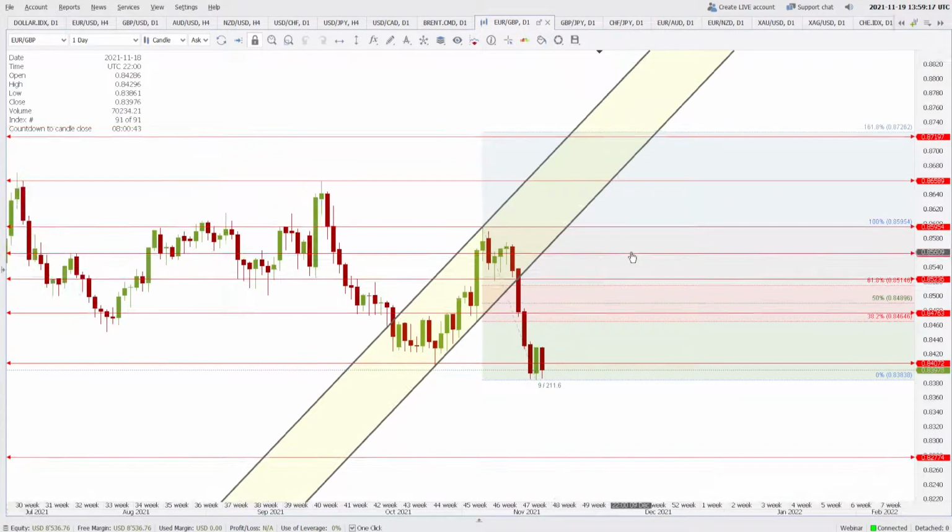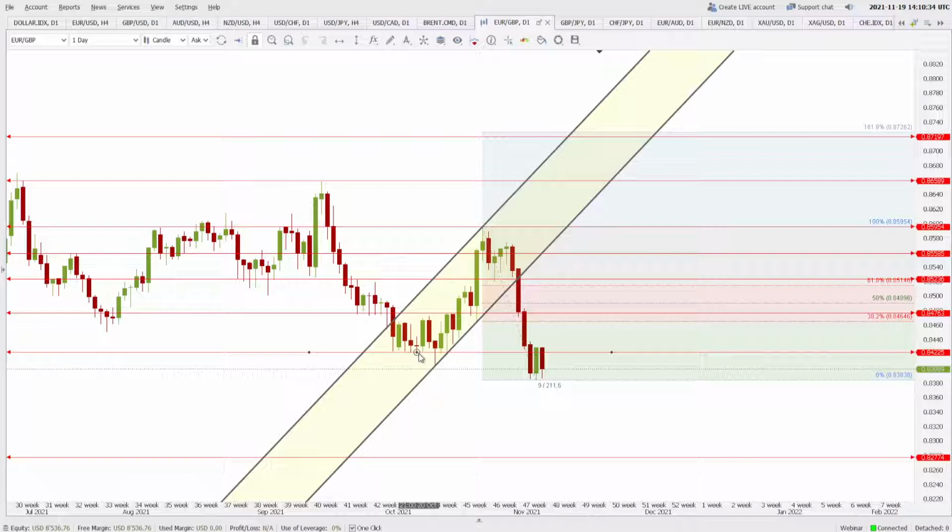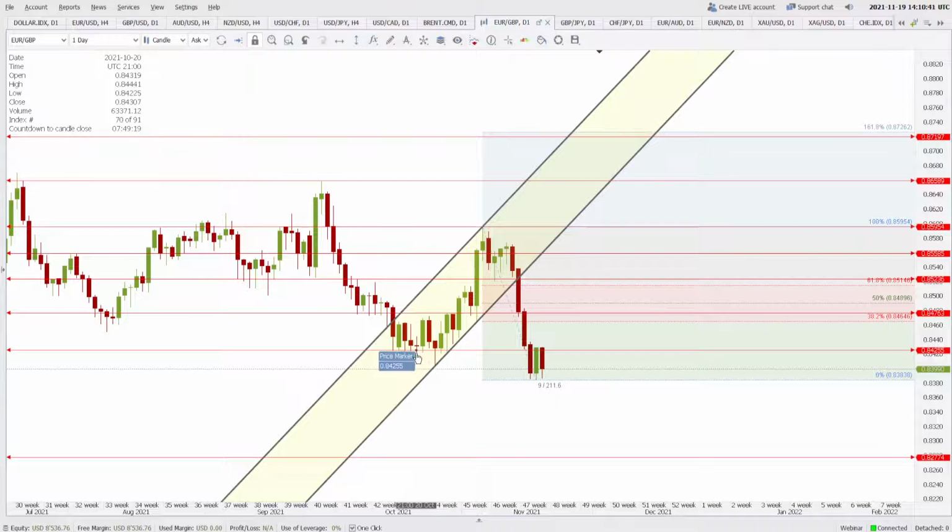Talking about the EURGBP, I think it is finding resistance at these lows here. These lows, which were strong support in the past, are now, I think, acting as a resistance here.